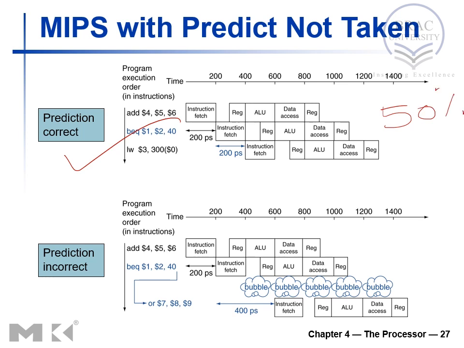See, there is a branch instruction. The system did not wait for the outcome, that is, whether to take the branch or not. It just took the next instruction. So the prediction is correct in this case, and there is no penalty. But in this case, the prediction is not correct.